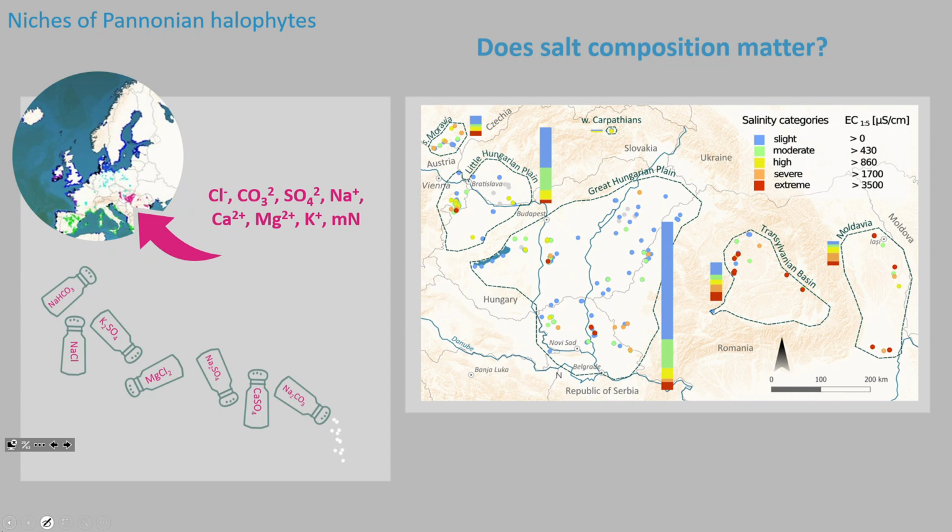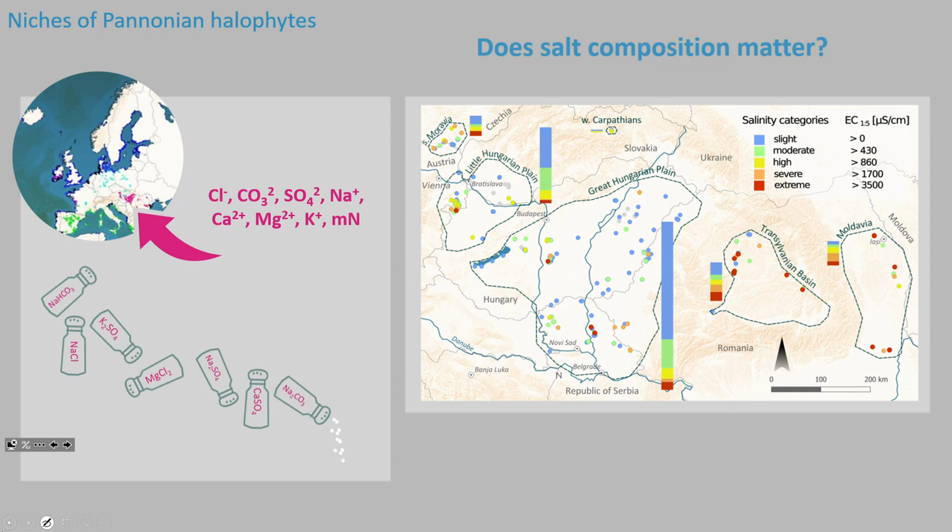So at the end we came up with this data set. We also included some data from fellow colleagues that contributed to this study. So at the end we had roughly about 400 plots available from the whole area, and from all those plots we had data on the characteristics of the upper soil layer.